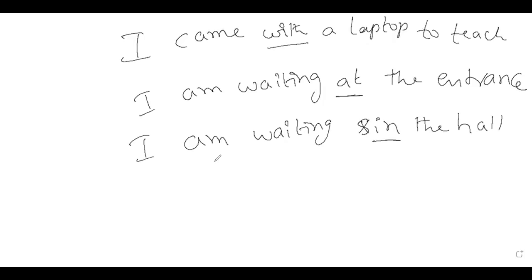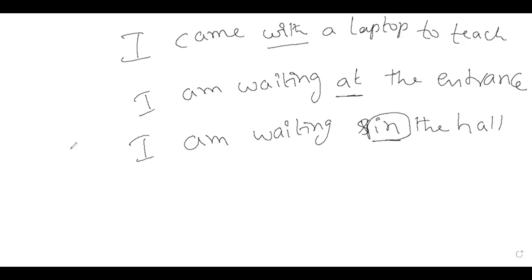You can be anywhere. For example, I'm waiting in the room. So you can be in a corner, you can be at the center, you can be at the margin, etc. So 'in' is a preposition which refers to some broad place location, whereas 'at' is used to provide exact location.